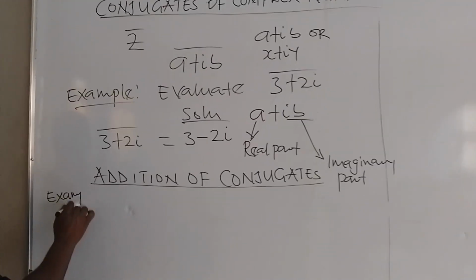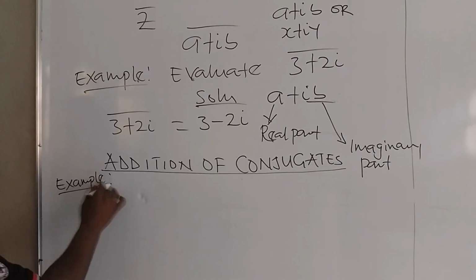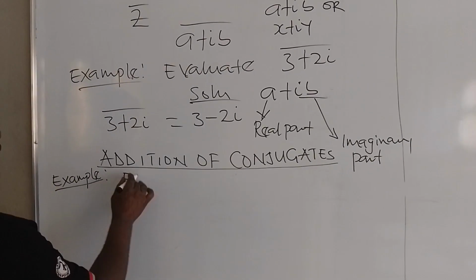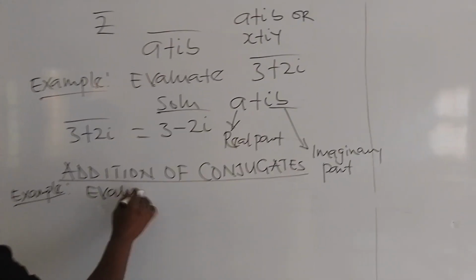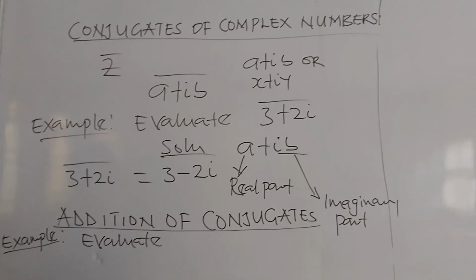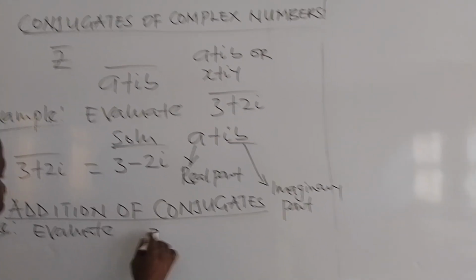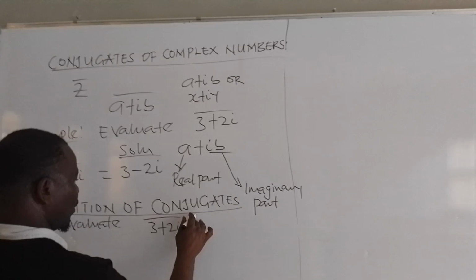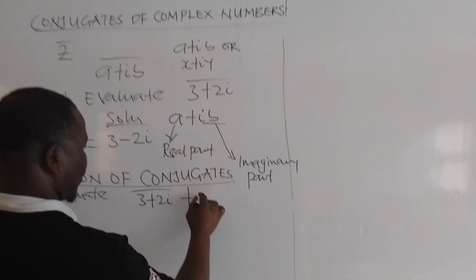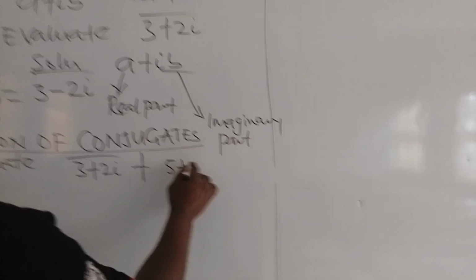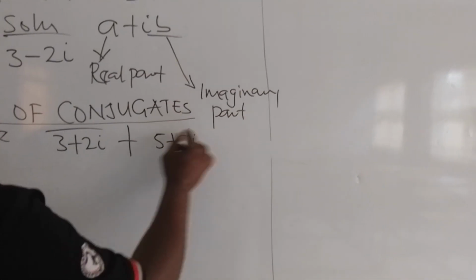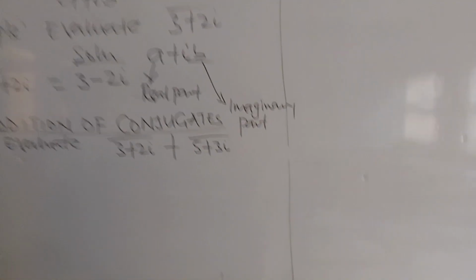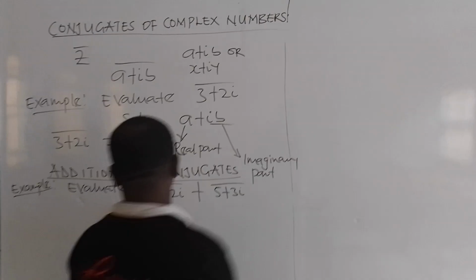Example: assuming you are asked to evaluate 3 plus 2i conjugate plus 5 plus 3i conjugate. Let's look at this.